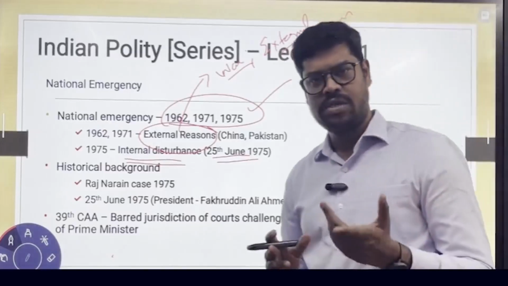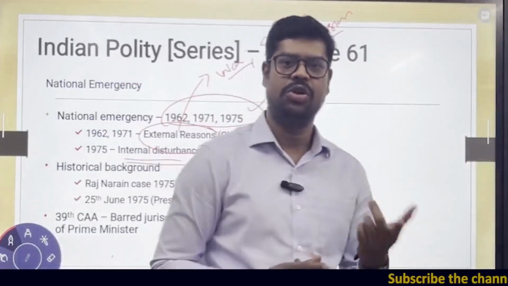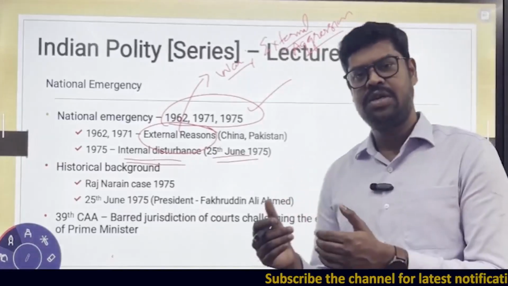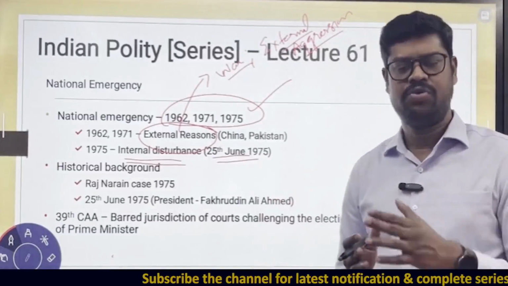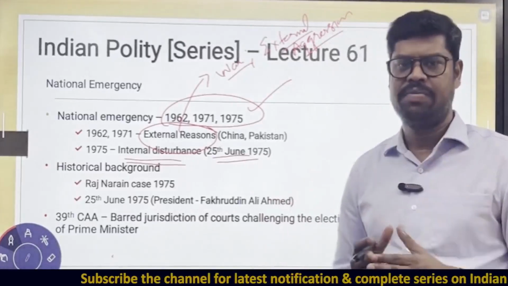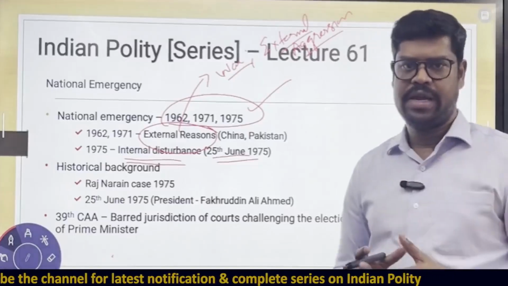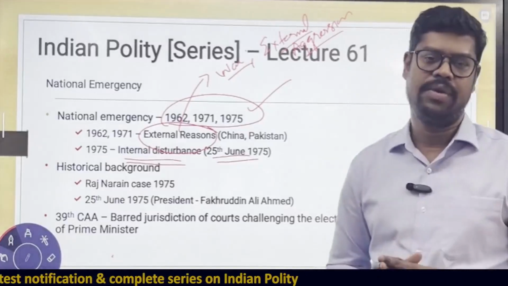Raj Narayan lost the election, Indira Gandhi won, and subsequent to that, she also became the Prime Minister. Even before that she was a Prime Minister, but of a caretaker government. Just before an election, the government is only a caretaker government. It does exercise some powers, but it is not a full-fledged government.